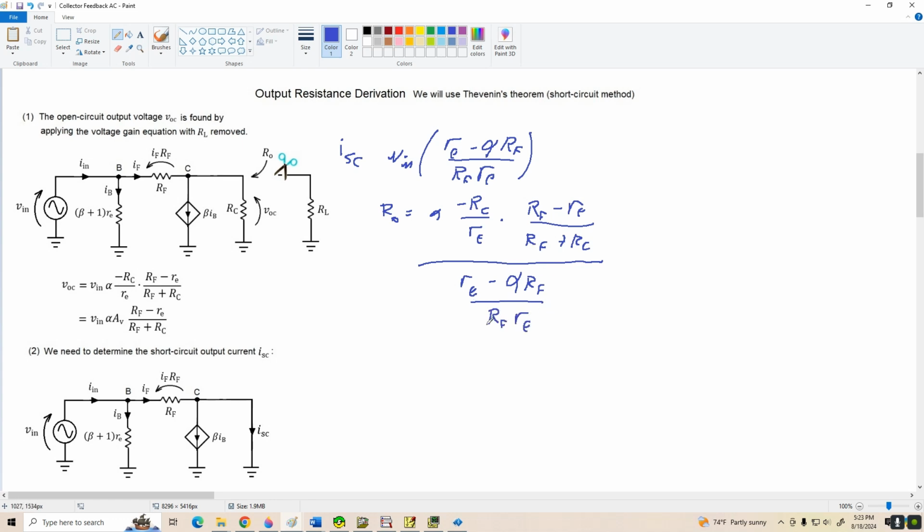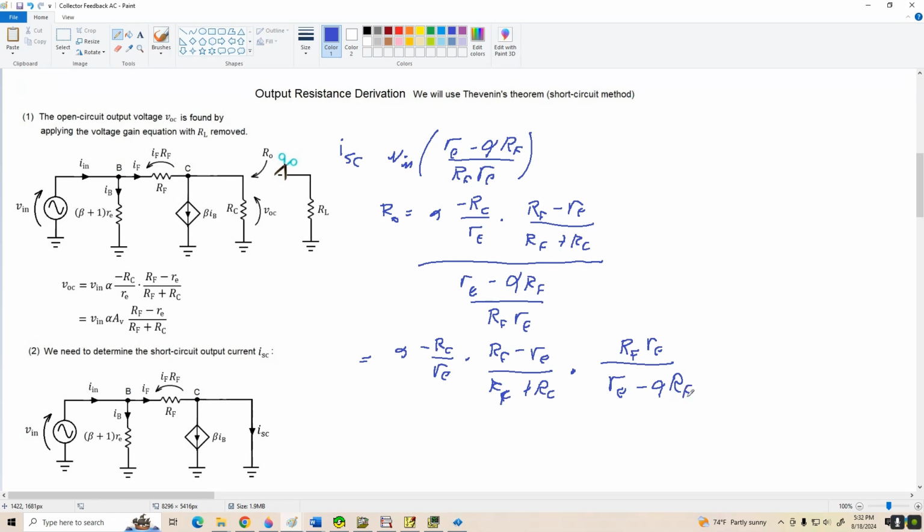And we're going to multiply by the reciprocal of this denominator, so we get R out equals alpha times negative RC over little re times RF minus little re over RF plus RC times RF times little re divided by little re minus alpha times RF.